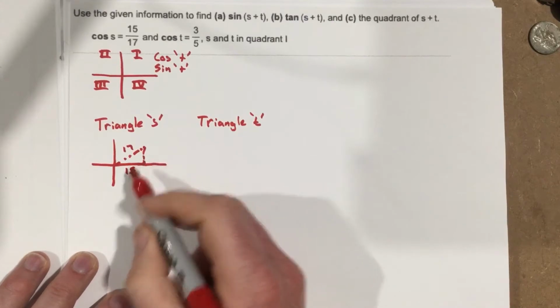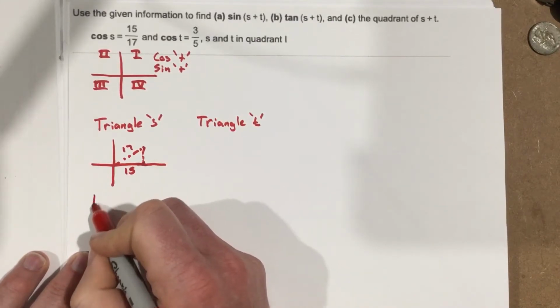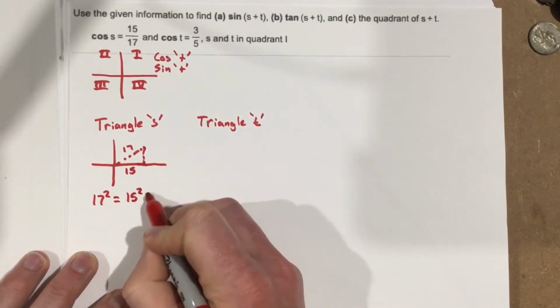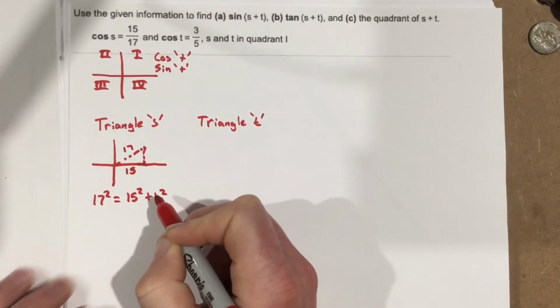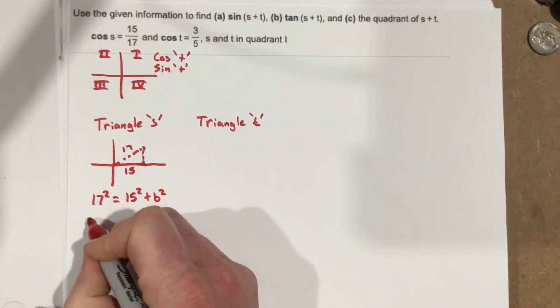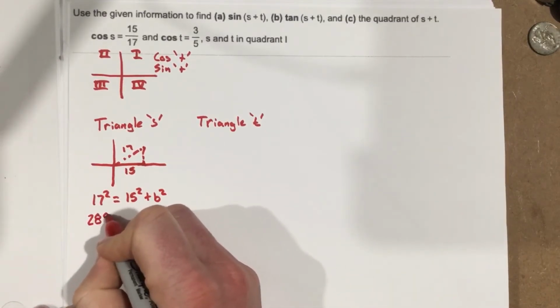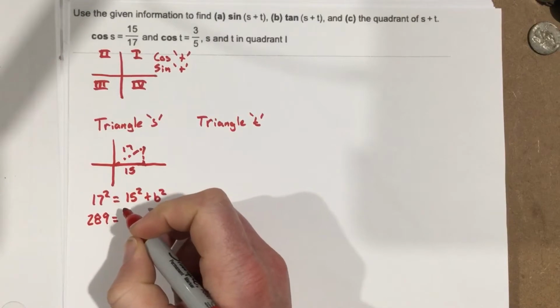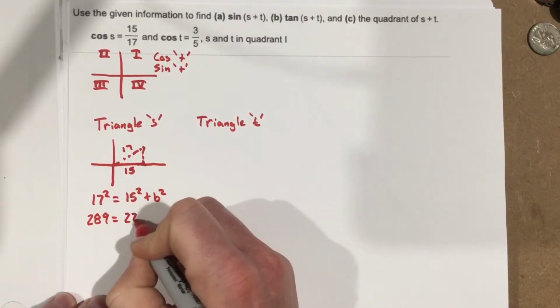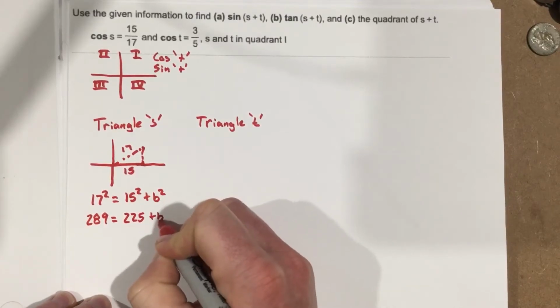In order to find this side, we're going to use the Pythagorean theorem. We're going to say 17 squared equals 15 squared plus b squared. 17 squared is 289 equals 15 squared, 225, plus b squared.